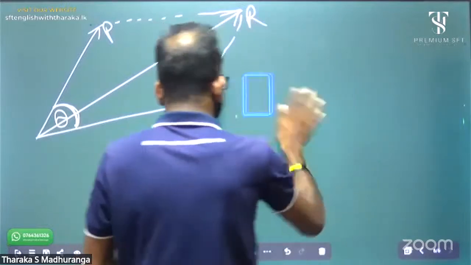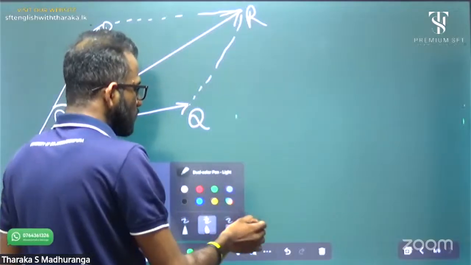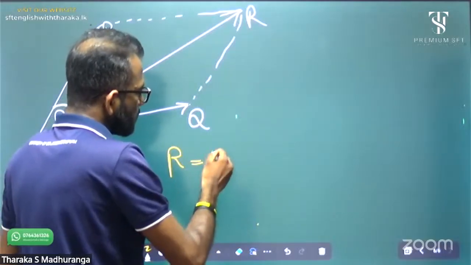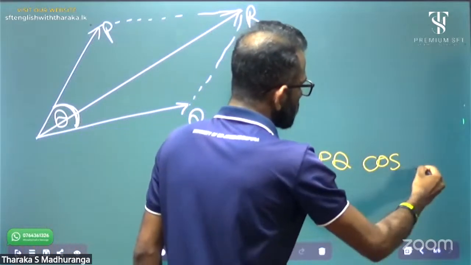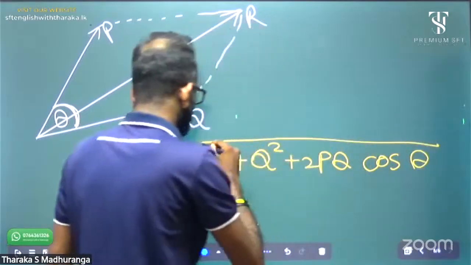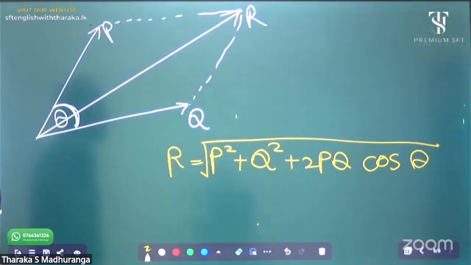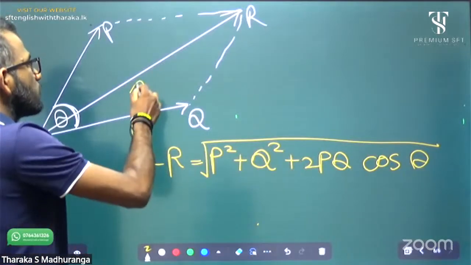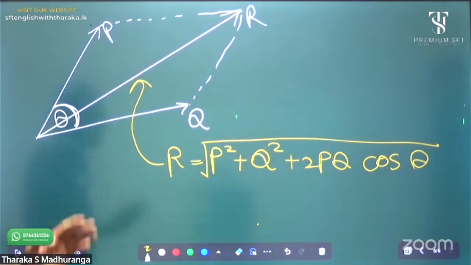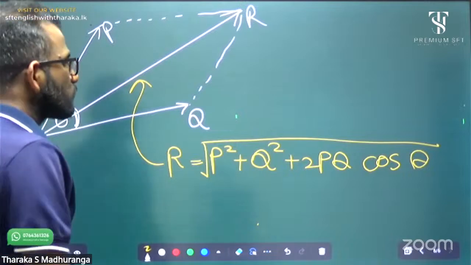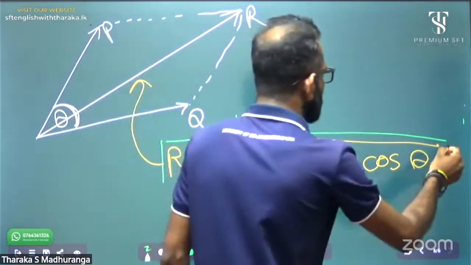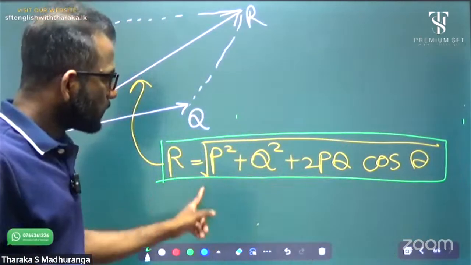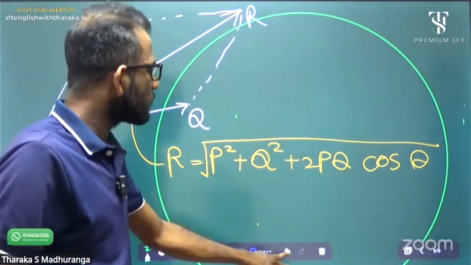I will write it in one line. R equals the square root of P squared plus Q squared plus 2PQ cos theta. This is the equation for the resultant force.